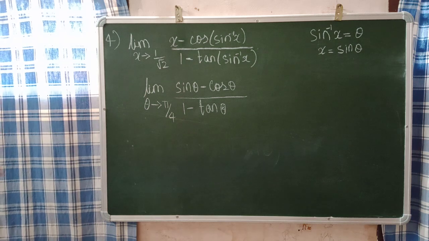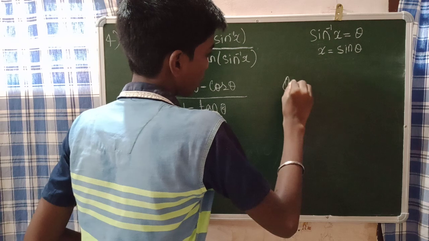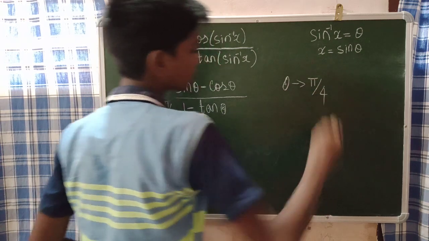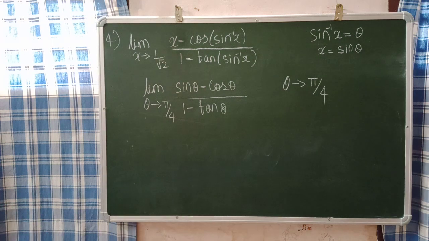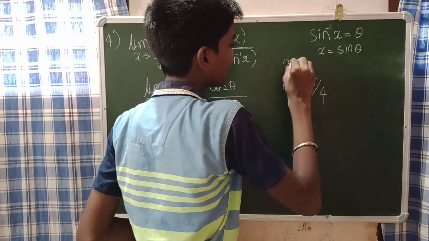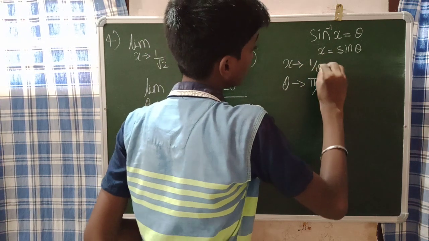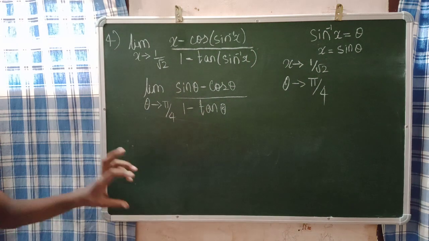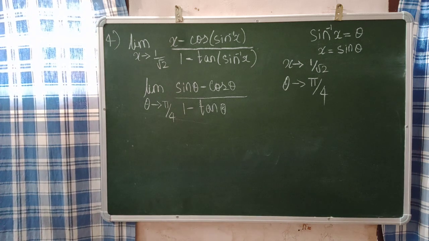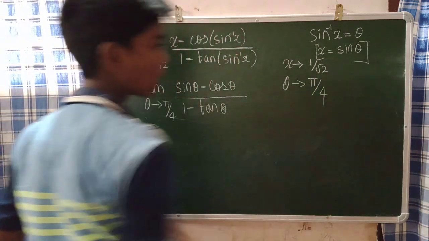But you may ask, how will theta tend to pi by 4? Explain to us, like that you will ask. Basically, try to understand, in this limit, we are having x tends to 1 by root 2. If x tends to 1 by root 2, then theta tends to pi by 4, because we know that x is equal to sin theta.